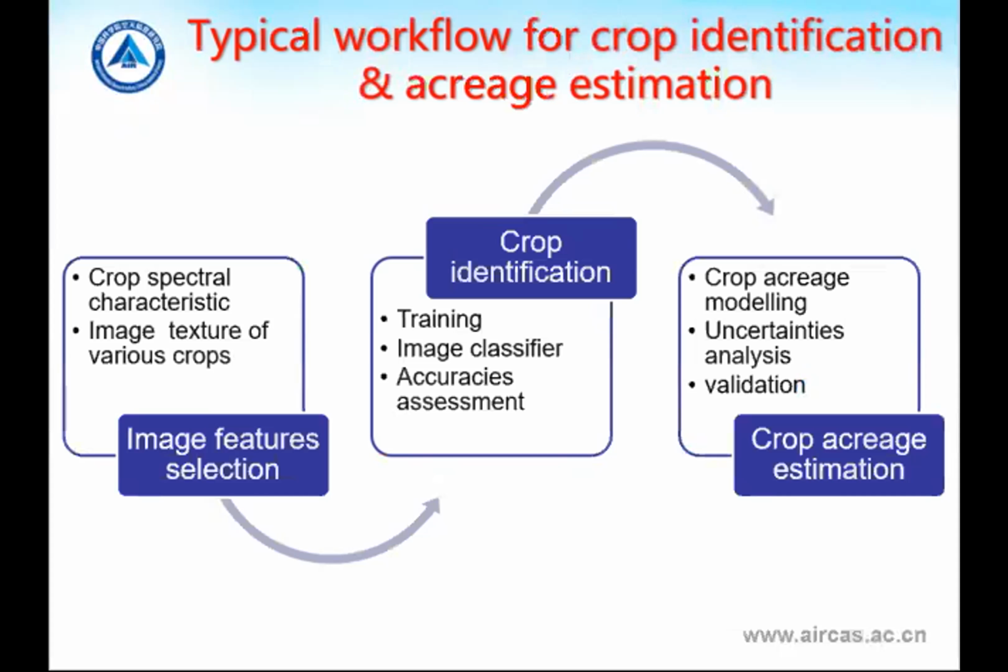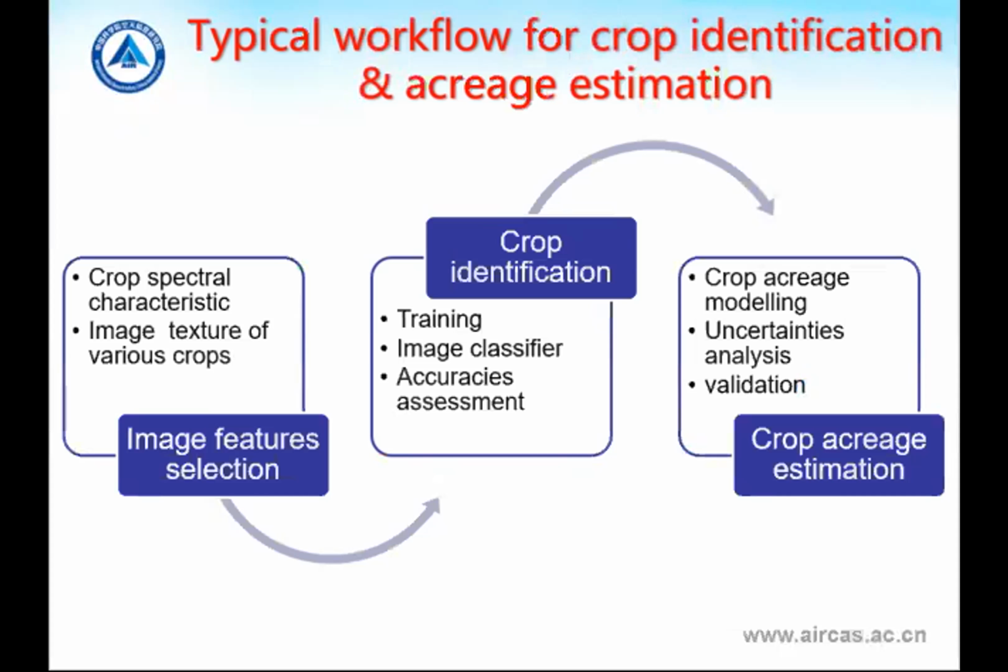After the classification is completed, the internal difference of each crop type is the smallest, and the difference between different crop types is the largest. This picture shows the basic process of the classification.